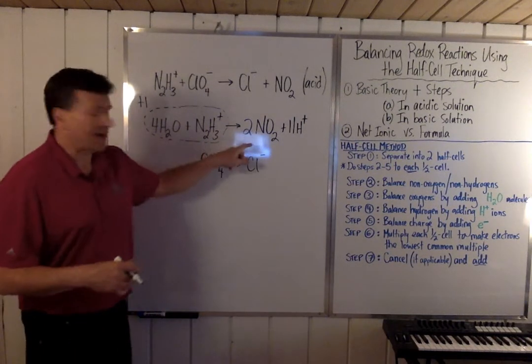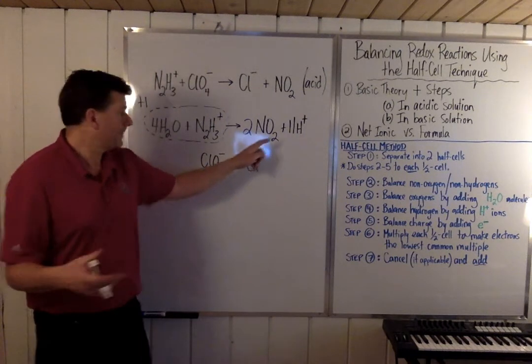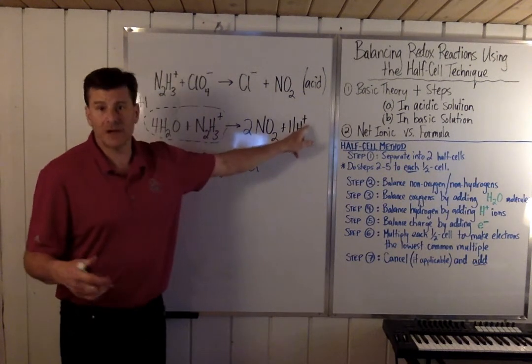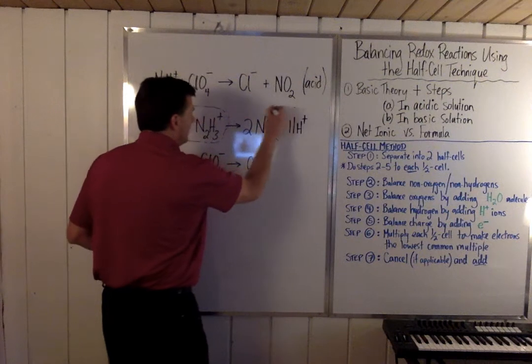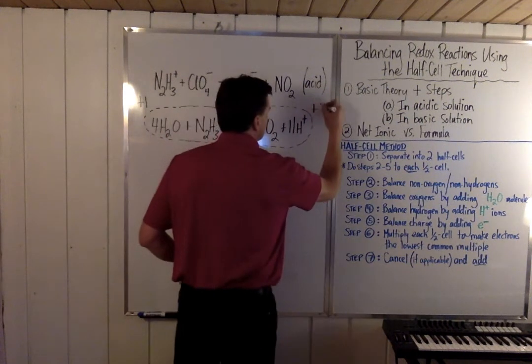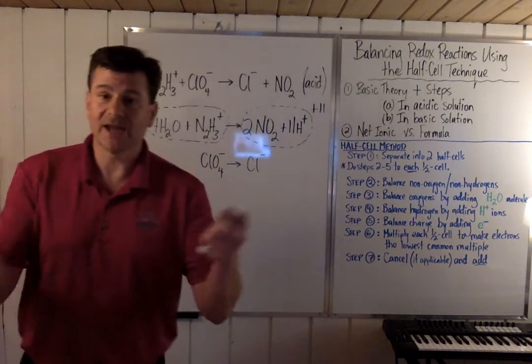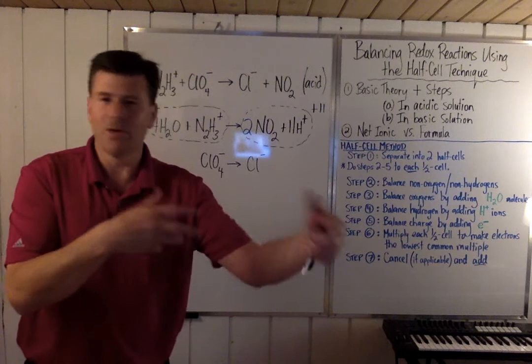Over here on the other side, the NO2 is neutral. 2 times 0 is 0. 11 times +1, so over here on this side, it is +11. So we're talking about the entire side, and you might have multiple things.